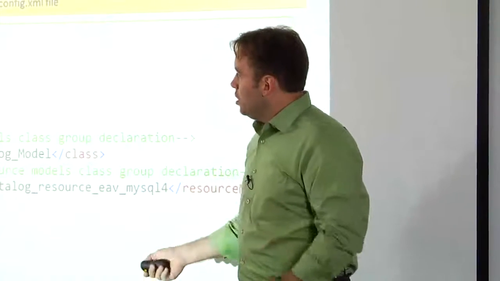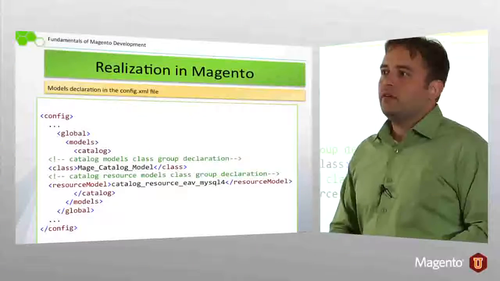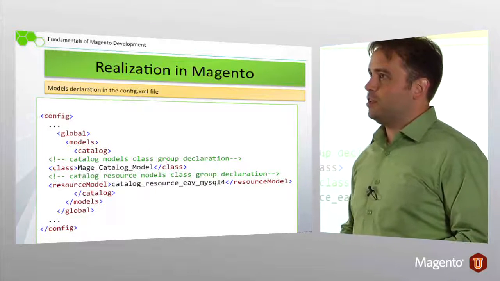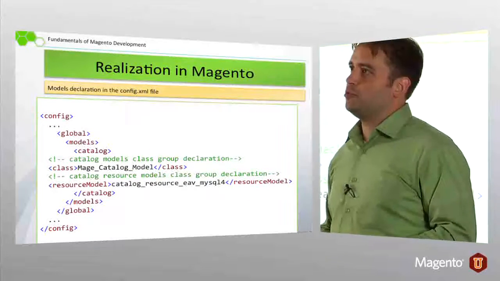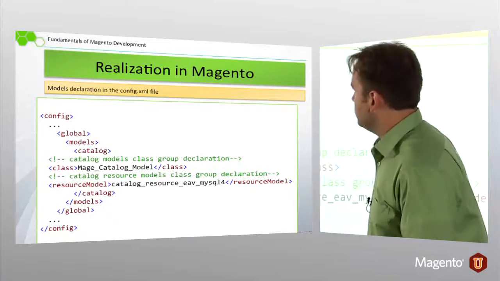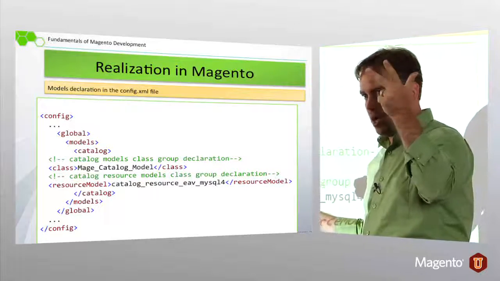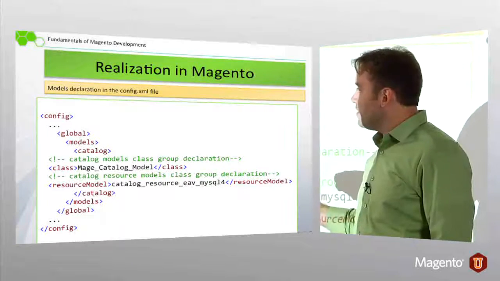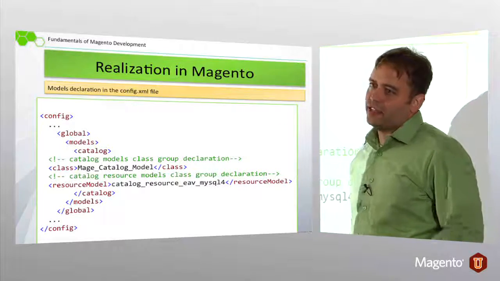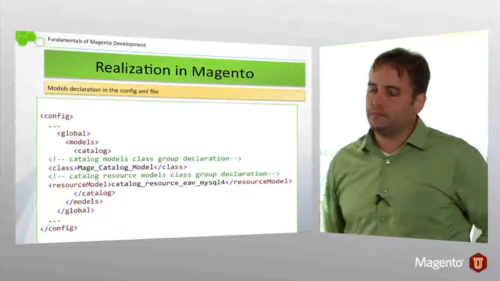So here is everything you need to know about class group definitions in Magento. Config global, and then either models, helpers, or blocks. Inside that node, you make a node that is whatever you want it to be.